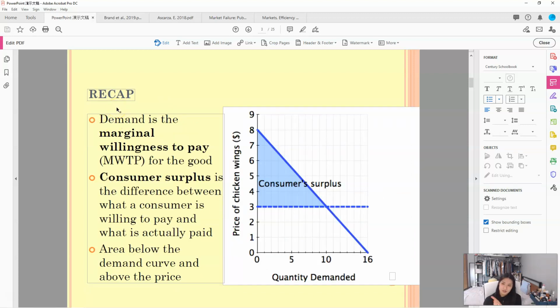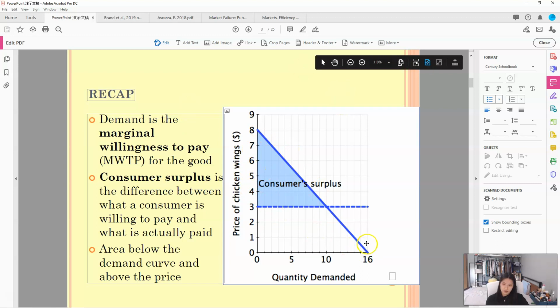And also in the last videos we talked about demand and supply. Demand is the marginal willingness to pay for the good, and the area under the demand curve is the sum of marginal willingness to pay, what the consumer is willing to pay for a product, for a good.